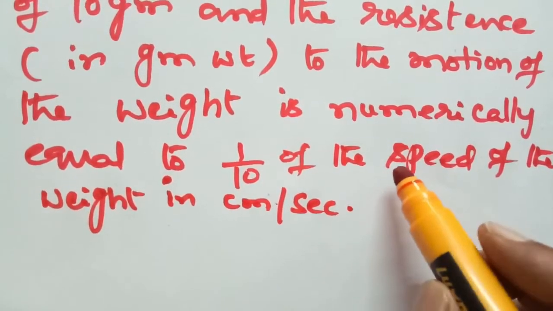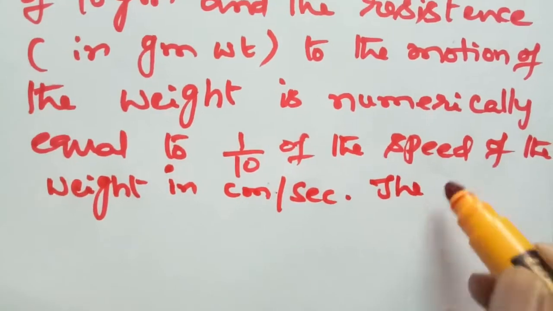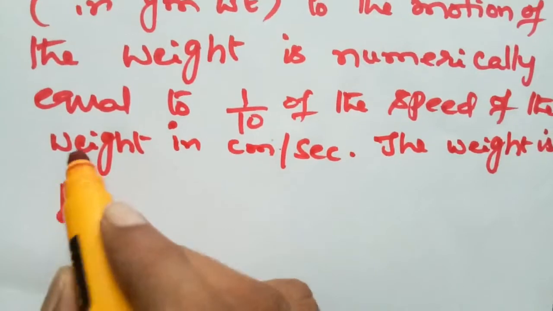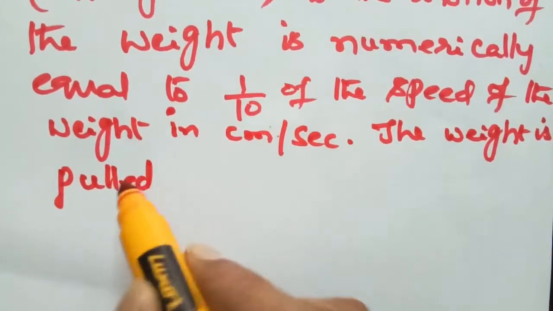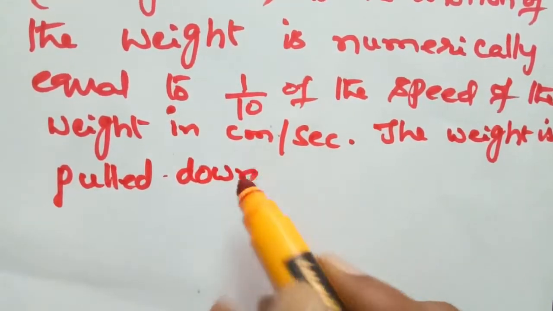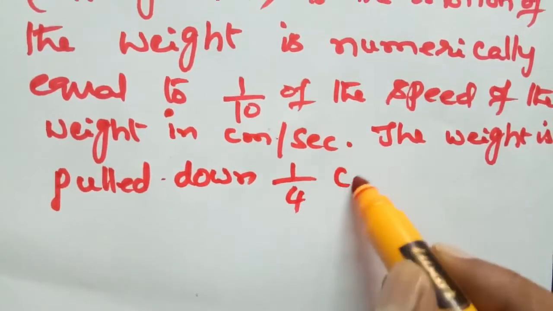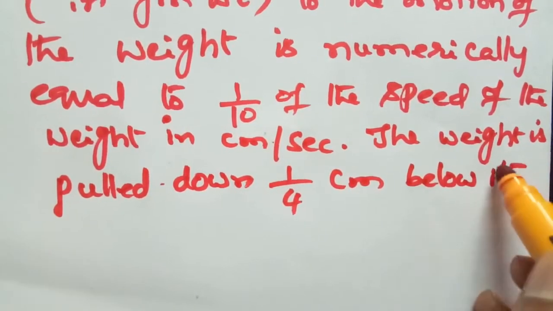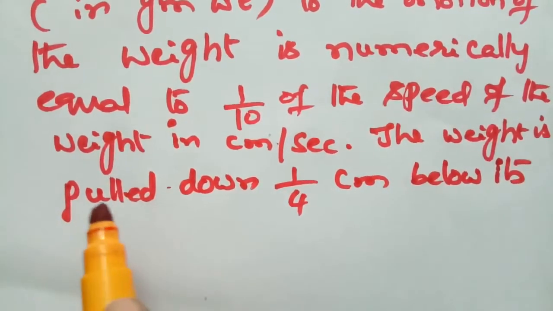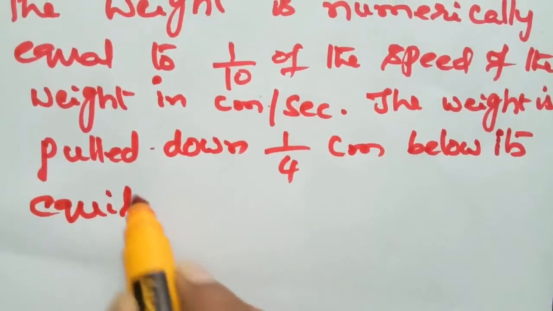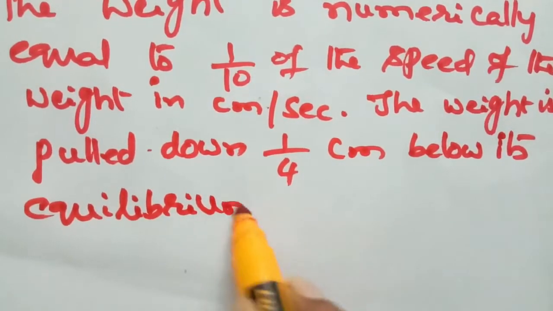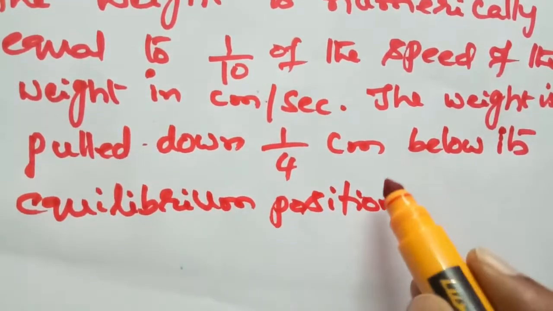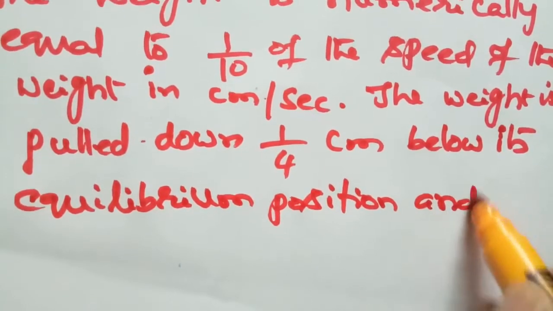The weight is pulled down 1/4 centimeter below its equilibrium position and then released.